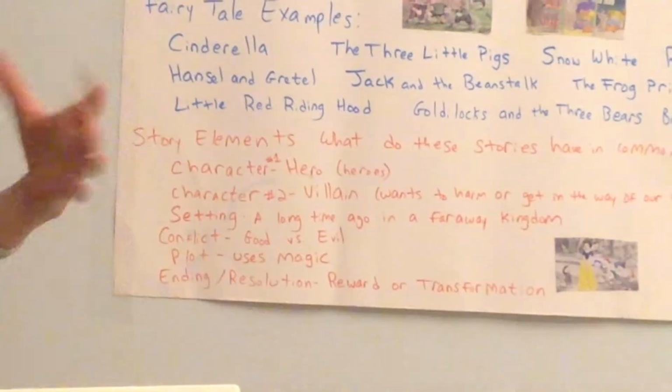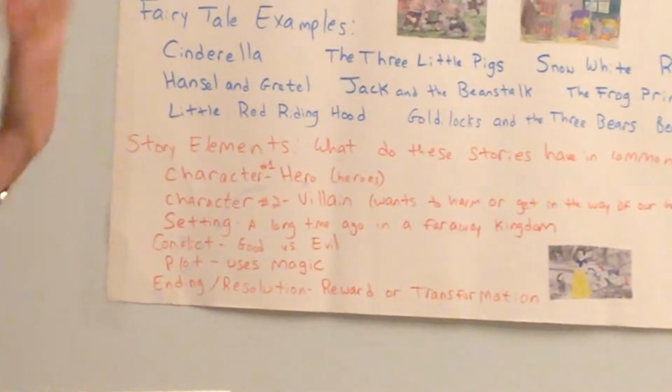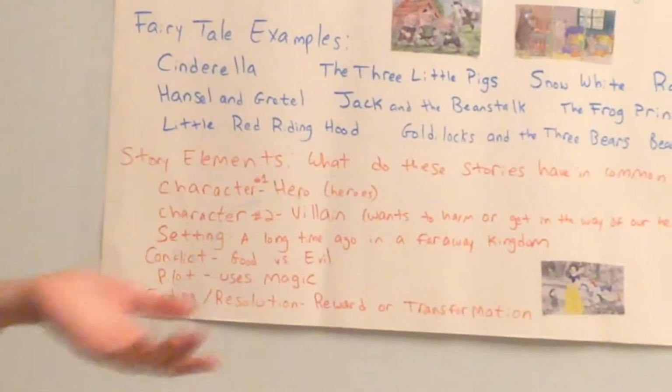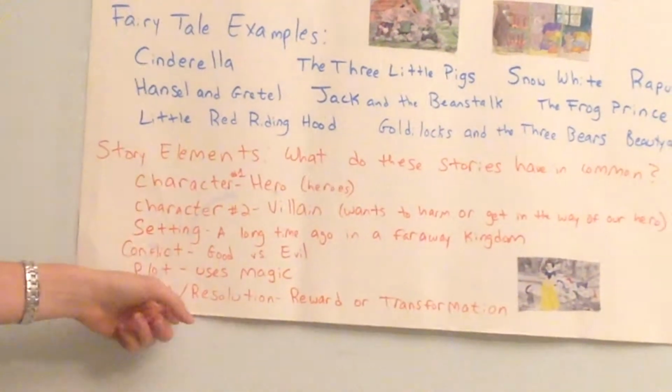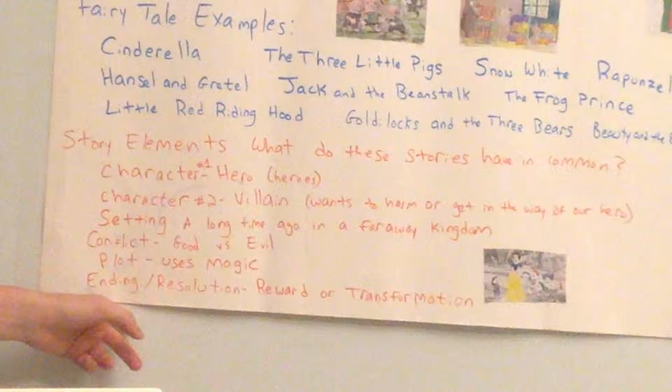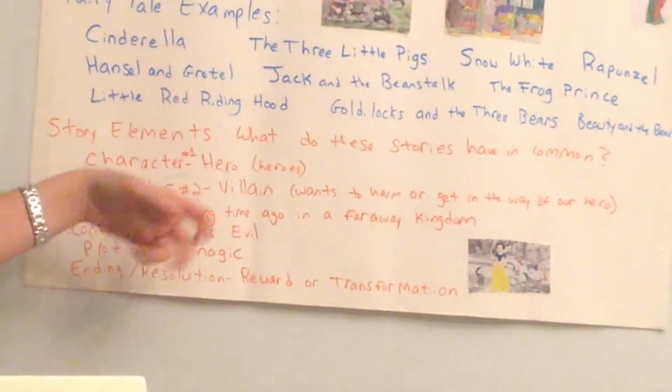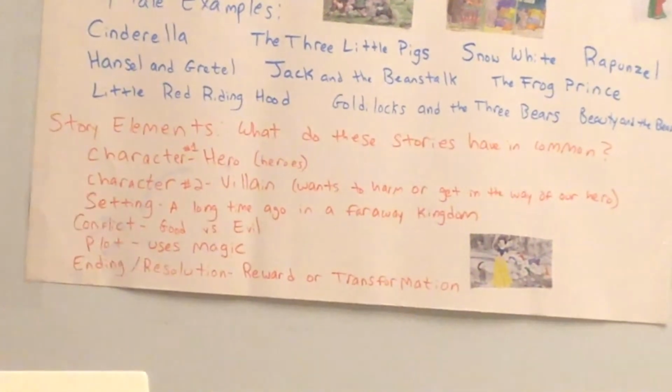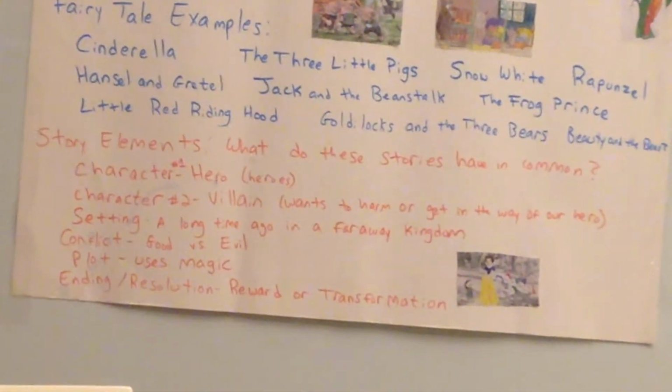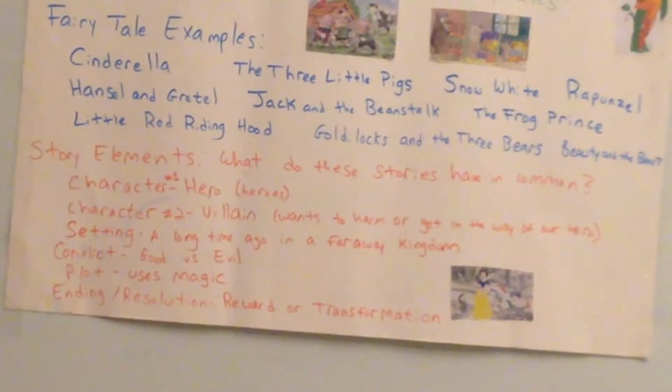And the plot is the main idea of the story. And the main idea of a fairy tale always uses magic, like I said in the beginning. That's part of the definition of fairy tale. And the ending is the final story element we're going to discuss. The ending is also called a resolution because everything gets resolved, tied up neatly with a bow, if you've ever heard that expression. So the ending of a fairy tale is usually a reward or a transformation.